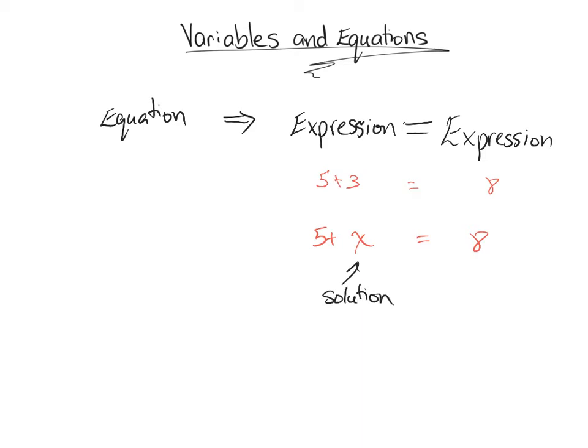So if you're ever asked to solve an equation, you're being asked for the number that makes the equation true. In this case, the solution is 3 because 3 would make that equation a true statement. So if you're ever asked for a solution, you're being asked for the number that you can put in place of the variable that makes it true.